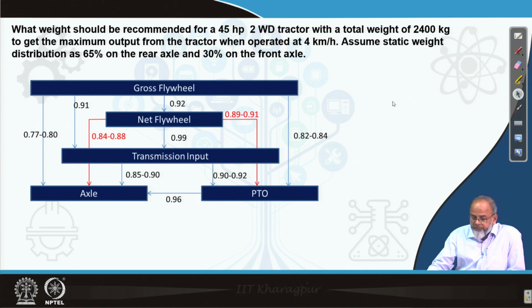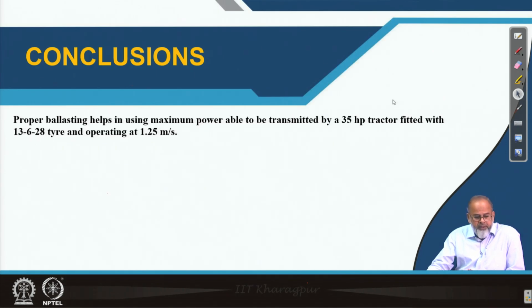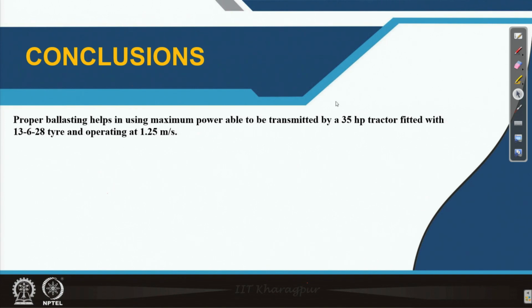This will give you more or less an idea of how to go about ballasting a two-wheel drive tractor to get the maximum output from the tractor. That's all. Thank you.